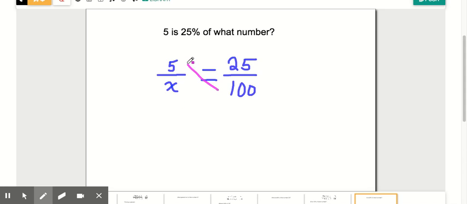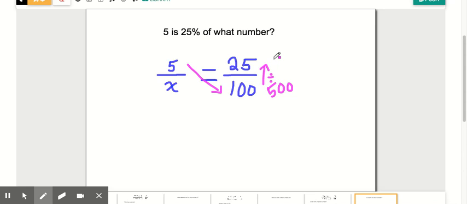Now I'm going to do my cross multiplying. 5 times 100 gives me 500. And then I'm going to do 500 divided by 25.